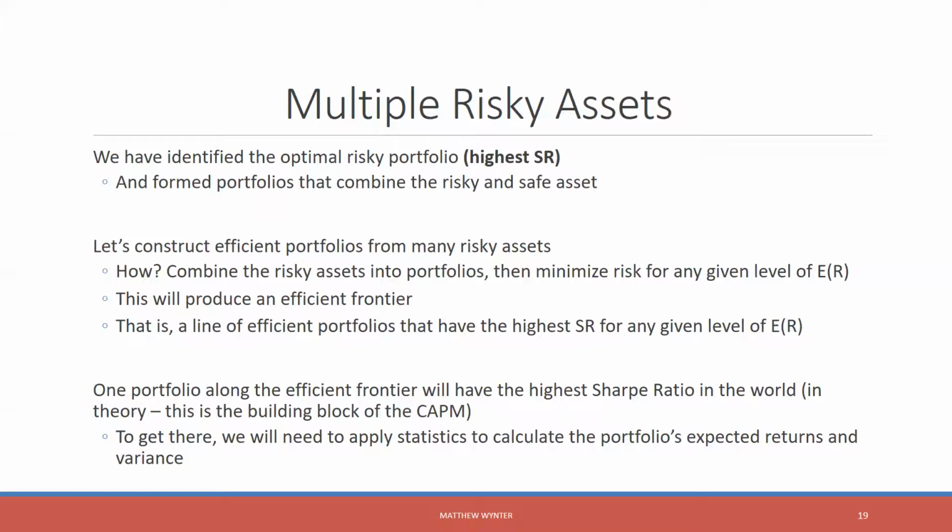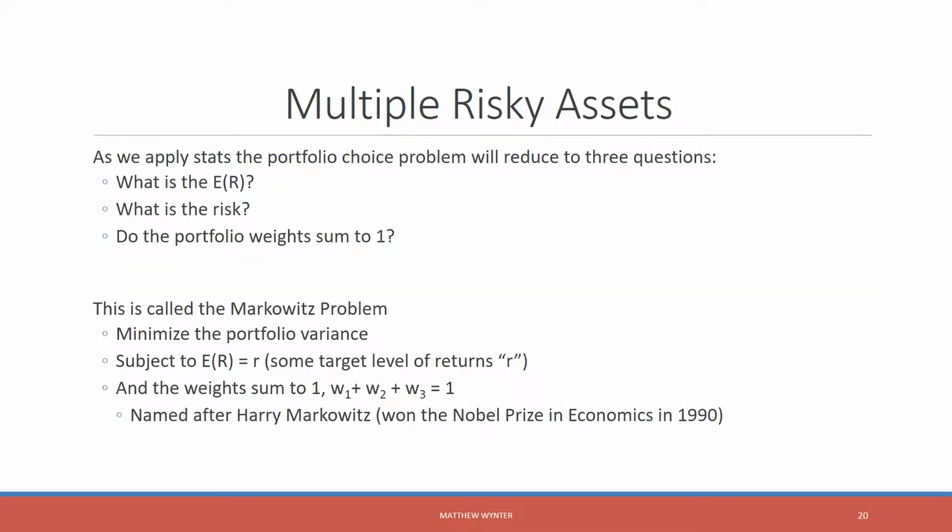And the way that we're going to maximize it is by minimizing the denominator, by shrinking the variance of our portfolio. One portfolio along the efficient frontier will have the highest Sharpe ratio in the world. In theory, this is the building block of the CAPM. To get there, we're going to need to apply statistics to calculate the portfolio's expected return and variance.